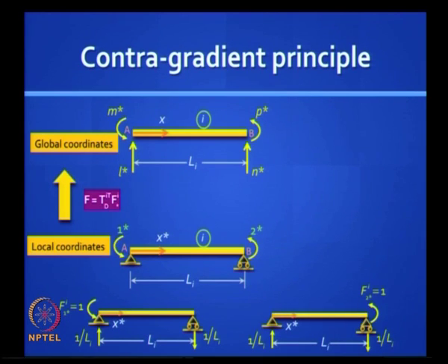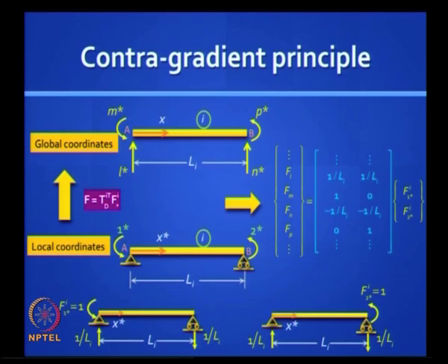Next you apply F2 star equal to 1, and you can see that of the two end moments only one is non-zero, and it has a value of +1, and you get two reactions. You can see very clearly it is 1 by L. If it is pointing upward, it is positive. If it is pointing downward, it is negative, and you can very easily generate this matrix.